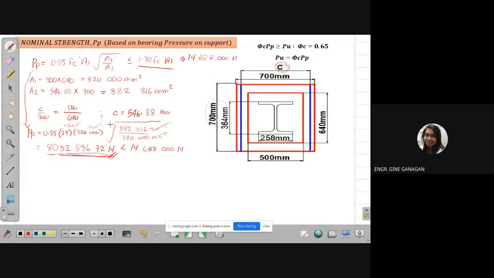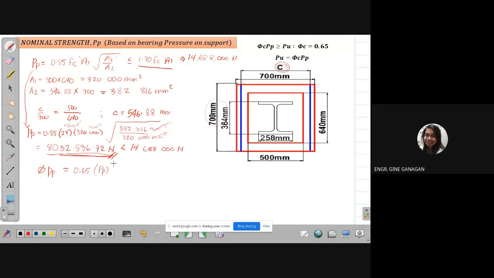PP. Okay, so yung design strength natin dito is PPP. You just have to substitute values. Okay? So, ano yung PPP natin? That is 0.65 multiplied by yung value ng PP natin.